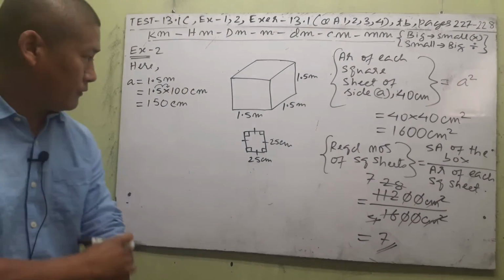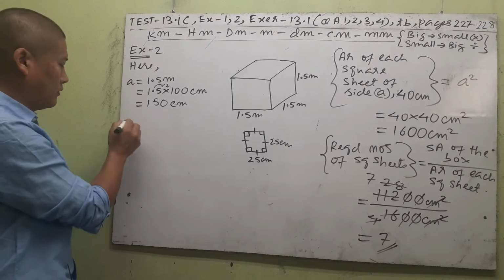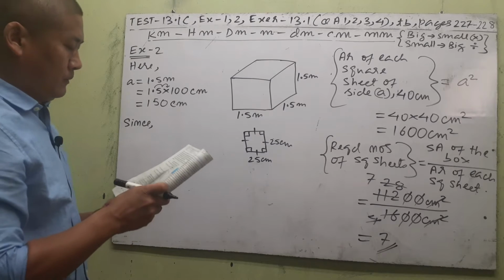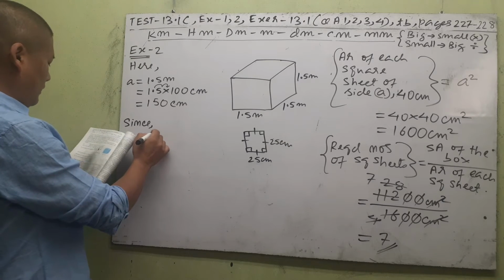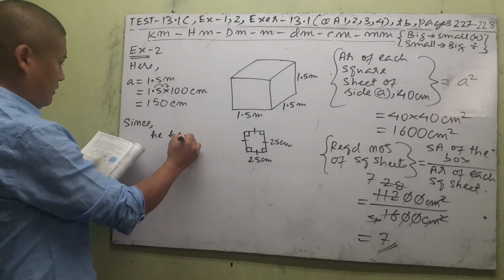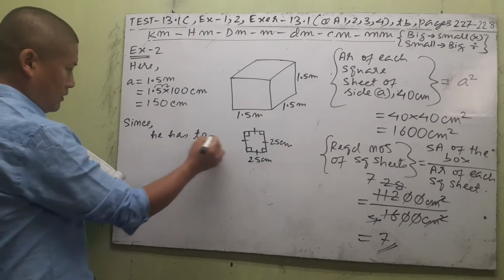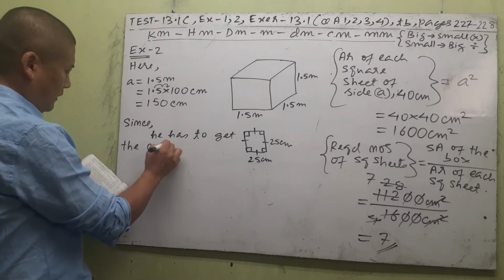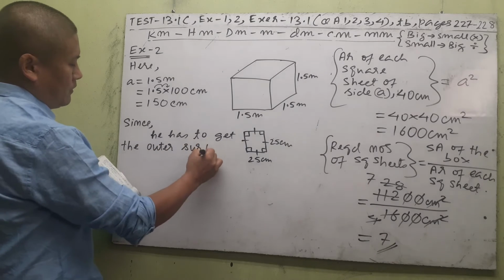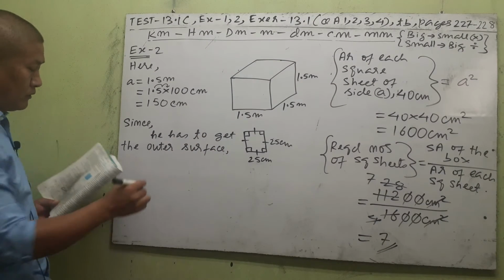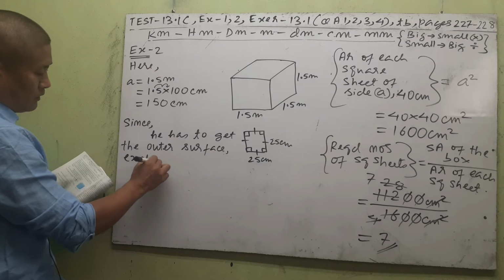Then we need to find the surface area over which you're going to put the tile. So the question says, since he has to get the outer surface, okay, surface excluding the base, means not including the floor.